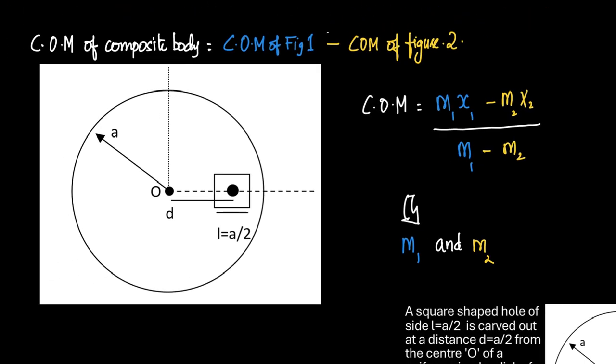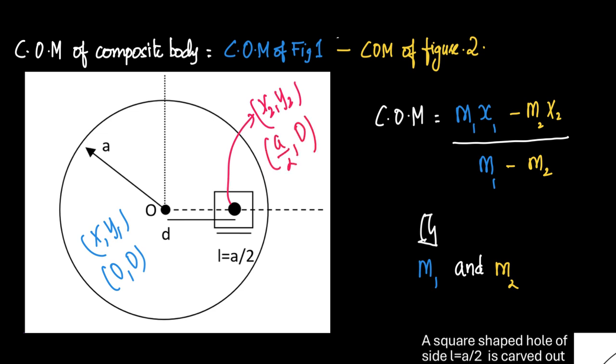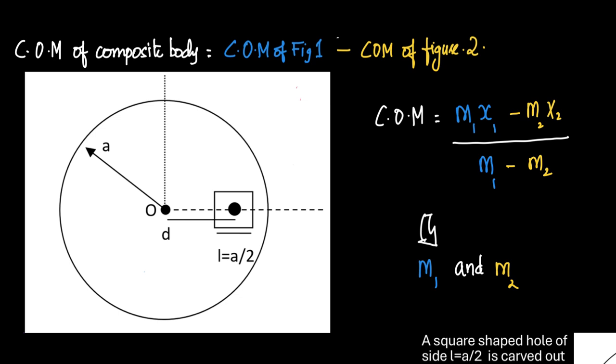So we have two values now: x1 comma y1 equal to 0 comma 0, and for the square, x2 comma y2 equal to a by 2 comma 0. Now using the composite body method, what do we mean by a composite body? We had a combination of two figures, the circle and the square.